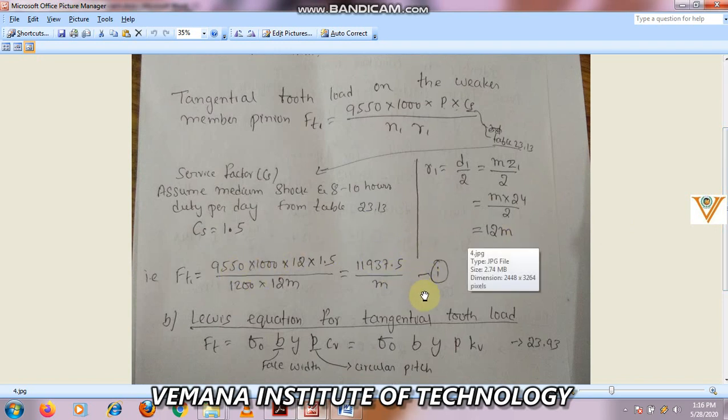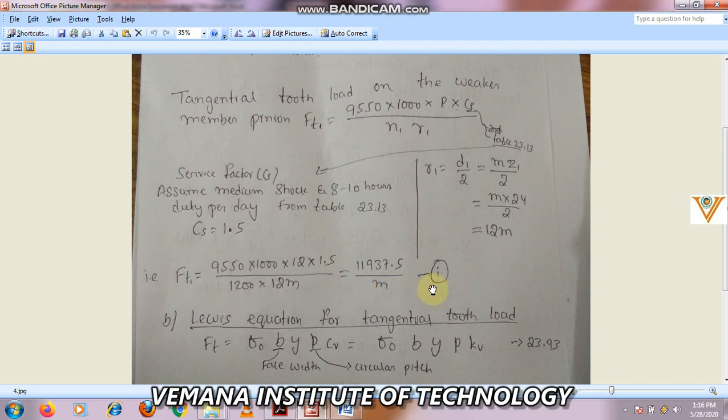We get the values in terms of module only. 9550, 1000 is the formula only. P is power, 1.5 is the service factor CS, and N1 is 1200, which is given, and R1 we found from the relation 12m. After the calculation we got 11937.5 divided by m. So take it as equation number 1.